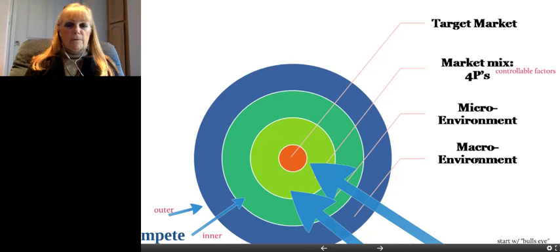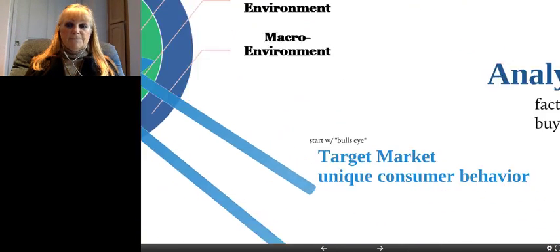The macro environment, the world at large, and the micro environment, the industry in which you operate. And in between, between the target market and the two macro and micro environmental uncontrollables, is the only thing that the marketing manager has to deal with, and that's the 4 Ps.